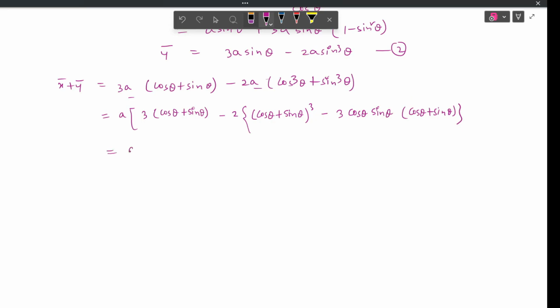So this would be a, if you take cos theta plus sin theta common from all of the terms, you will get a cos theta plus sin theta into 3 minus 2 cos theta plus sin theta square minus 3 cos theta sin theta.